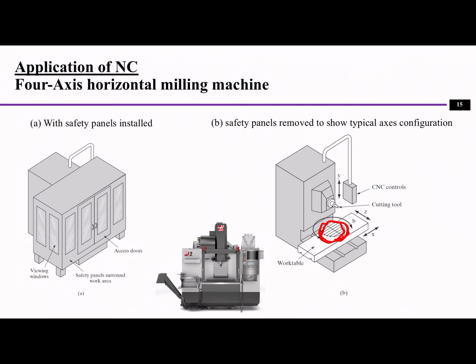But if it can rotate, it has 4 axes, not only X, Y, Z, but also this B, the rotating axis. So this is a 4-axis horizontal milling machine. If you want to add more axes, maybe the work table can lean to another angle, so that can be another axis.